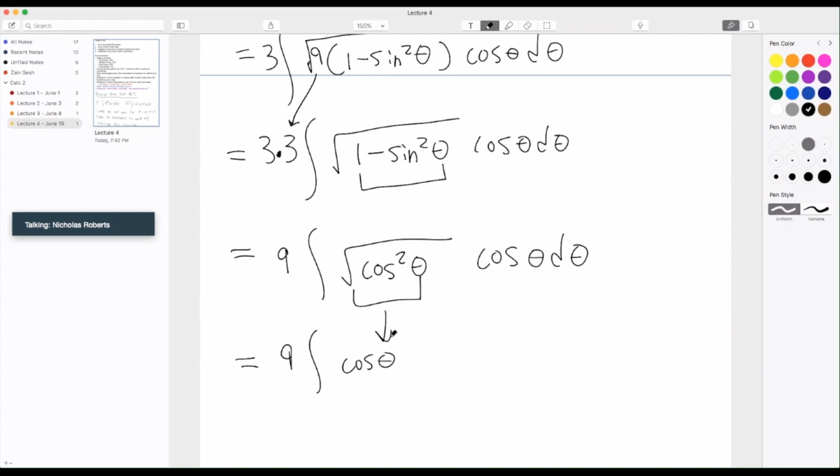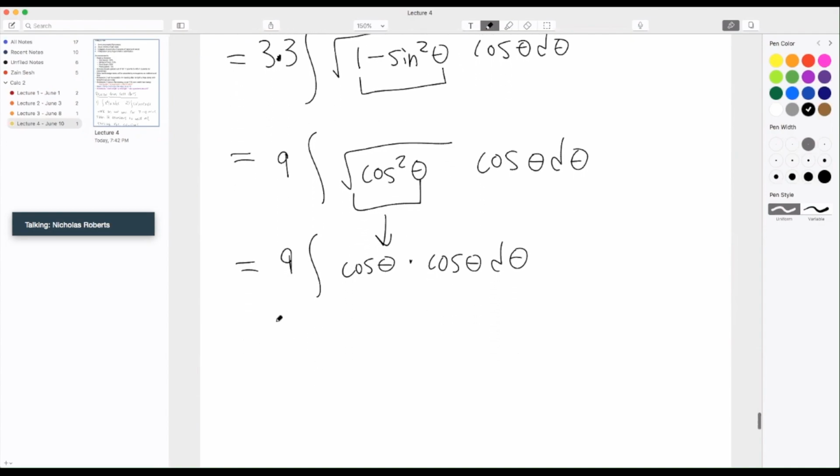And then the cosine theta d theta also comes down. And then we now have cosine squared theta d theta. Hope everyone is okay. I'll give it a minute. I know there's a lot of algebra going on.